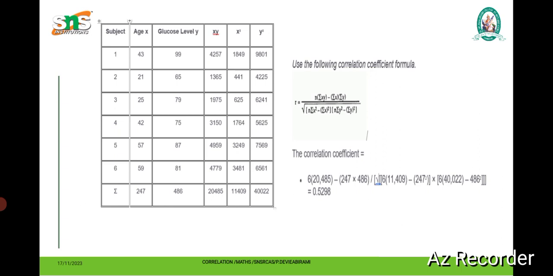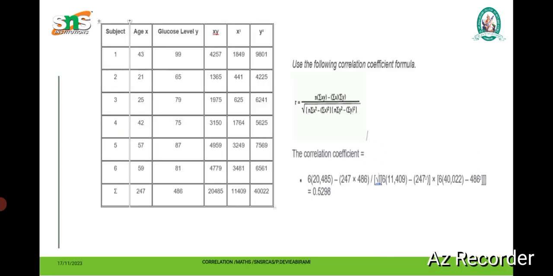I will get my summation values at the bottom of my table. By using the formula, I got the answer as 0.5298. I have already told that my correlation should lie between -1 and 1. My answer is 0.5, therefore my answer is correct. My correlation r value is 0.5298.